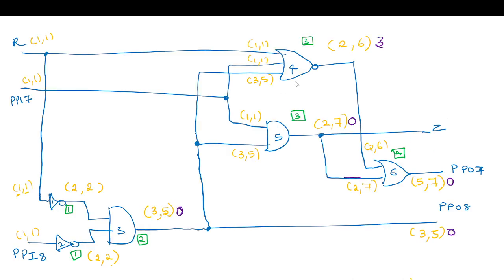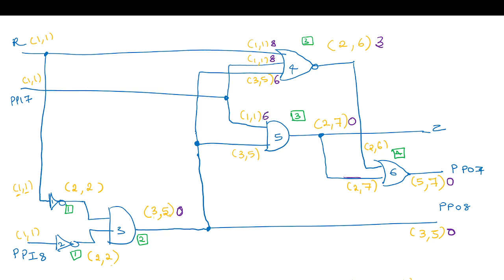For having 0, 3 plus 1 plus 3 is 7, 7 plus 1 is 8. And here it is 1 plus 1 is 2, 2 plus 3 is 5, 5 plus 1 is 6. For an AND gate, non-controlling is 1, so 5, and this is 0 plus 1, 6.